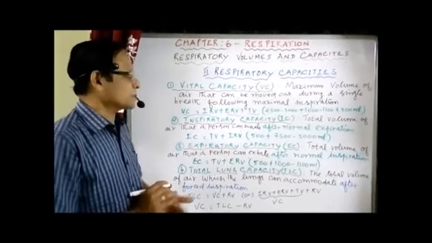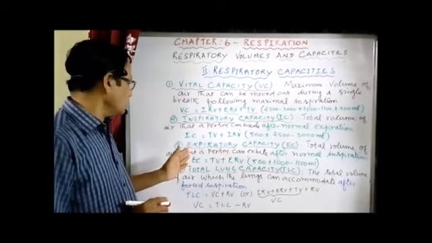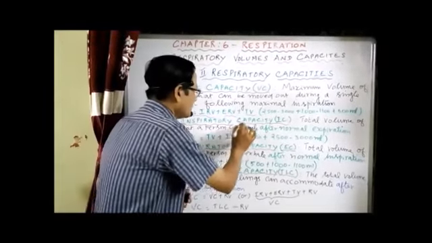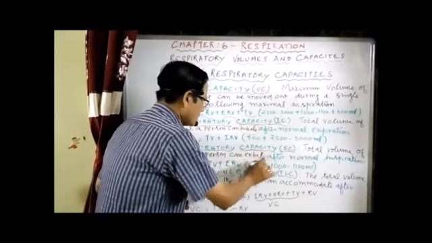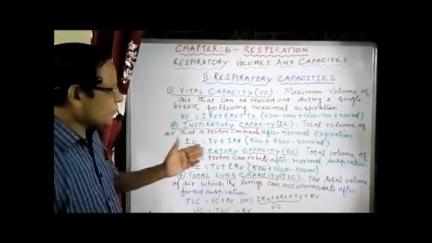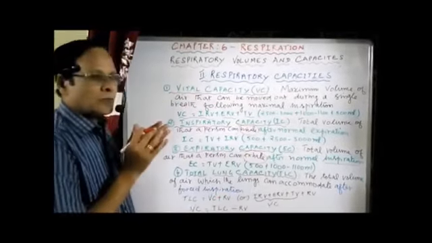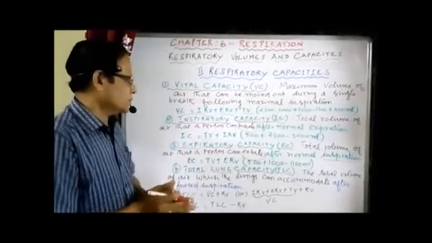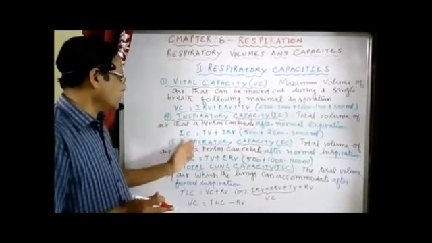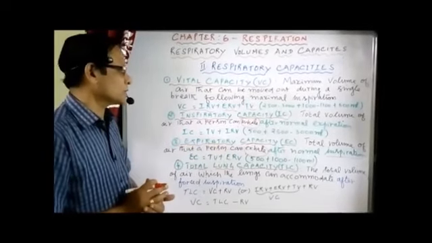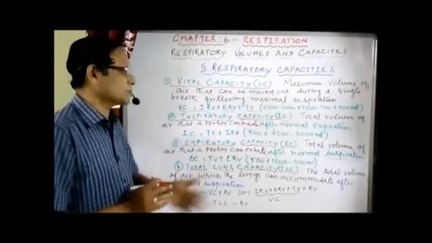Similarly, expiratory capacity. Again, this is the total volume of air that a person can exhale. Here is the inhaling process, and this is the exhaling process. After normal inspiration, the volume of air that moves out, the total volume of air that a person can exhale, is called expiratory capacity.